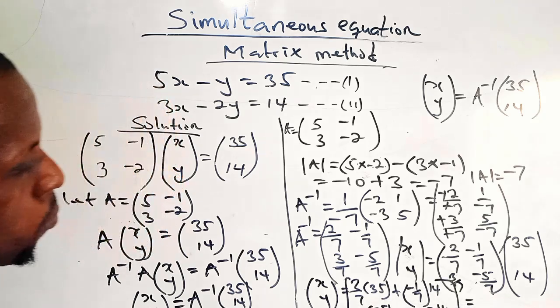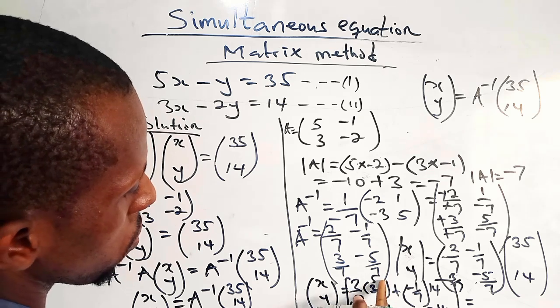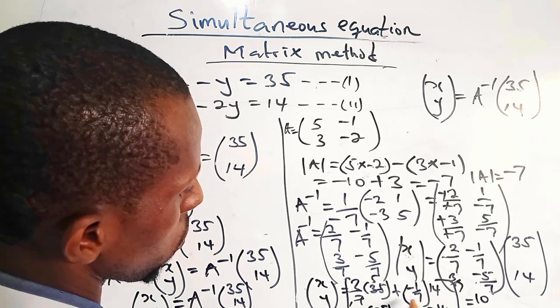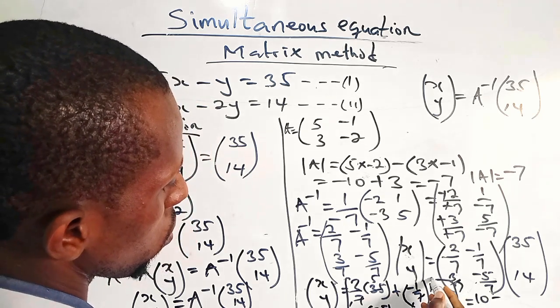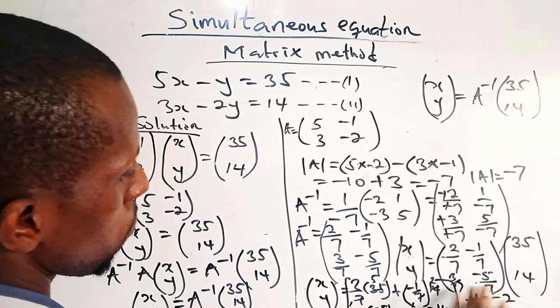So when we open up, we have 7 here 1, 7 here is 5, 2 times 5 is 10, plus, in this case I have this to be minus, 7 here is 1, 7 here is 2, 1 times 2 is 2, for the upper row.